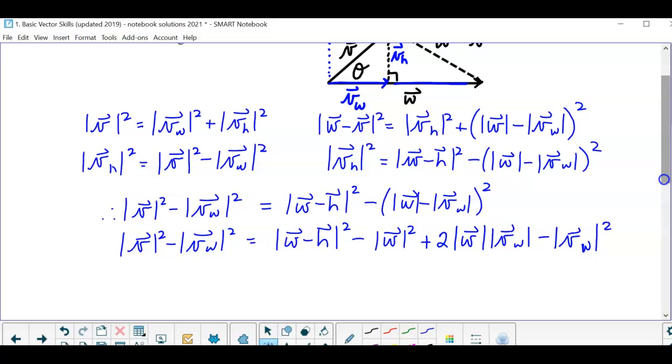Okay, so now you will notice I can get rid of these. And I want to solve for that side opposite theta. So that's the W minus H. So I'm going to show that.